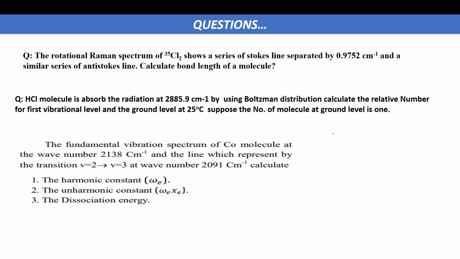So here, R will be equal to under root 1.1438 into 10 minus 38, and after solving, your mu will be 2.90 into 10 minus 23.